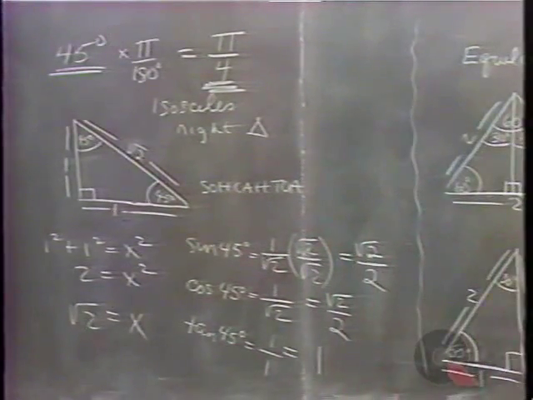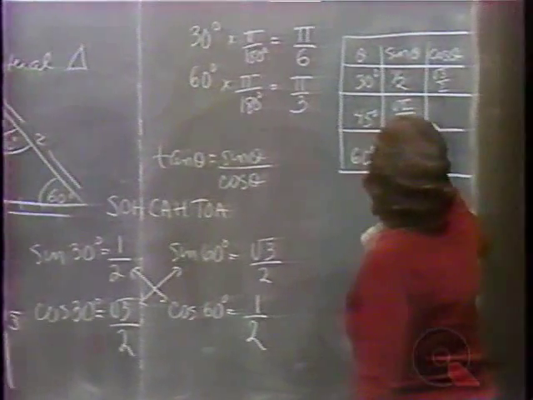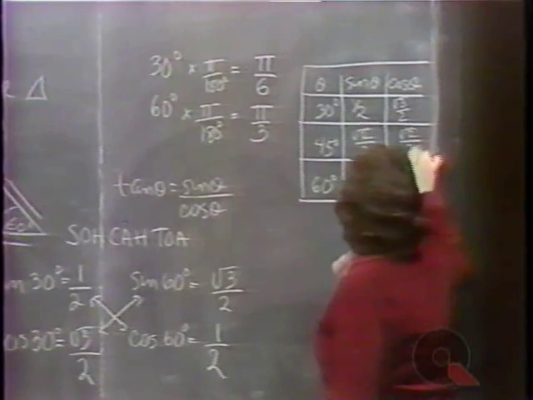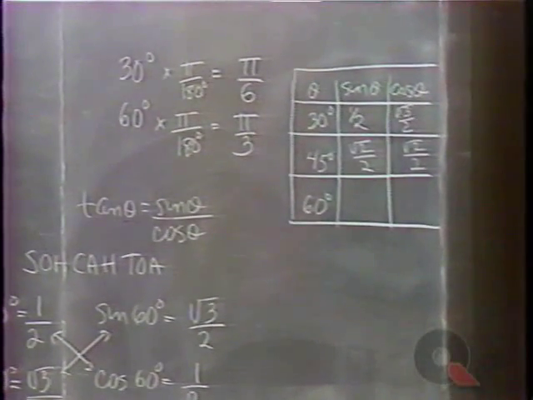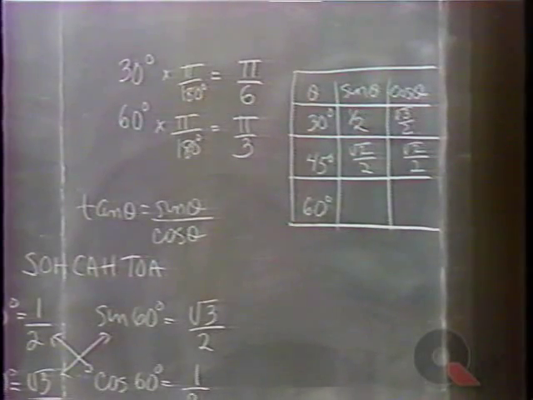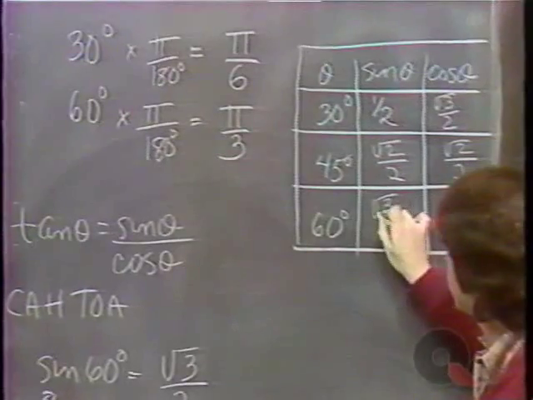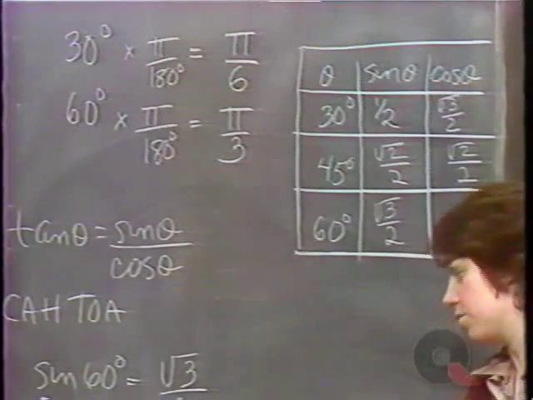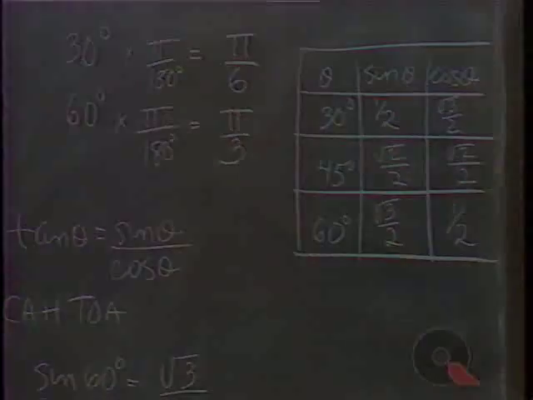Okay, and they were each the square root of 2 over 2. Let's put that into our chart. Sine and cosine of 45 degrees is the square root of 2 over 2. And finally, for 60 degrees, the sine of 60 degrees is the square root of 3 over 2, and the cosine of 60 degrees is 1/2. And we'll be coming back to this.